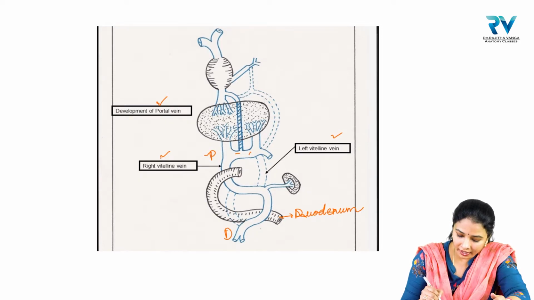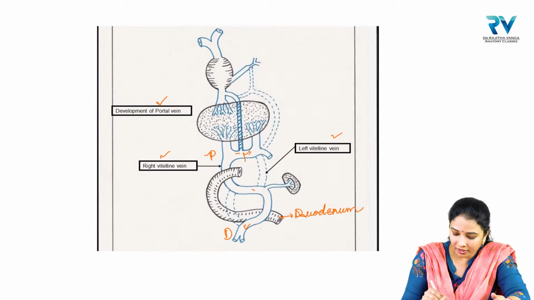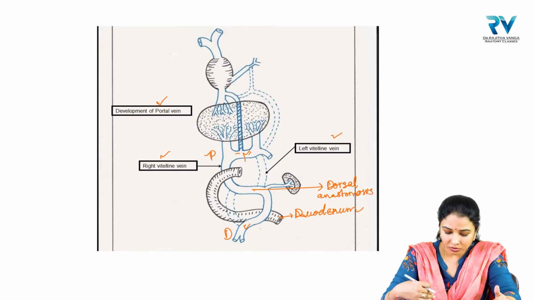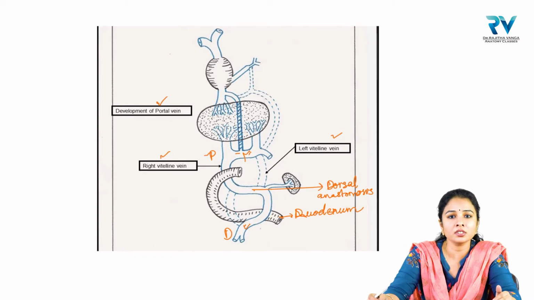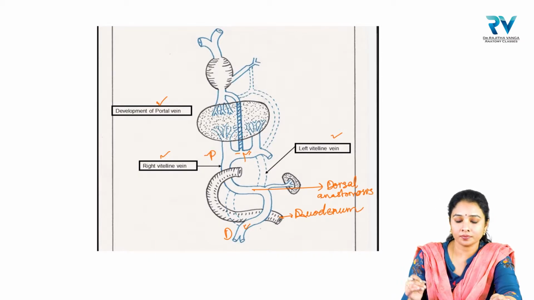So proximal and distal ventral anastomosis, and in the middle this is the dorsal anastomosis.